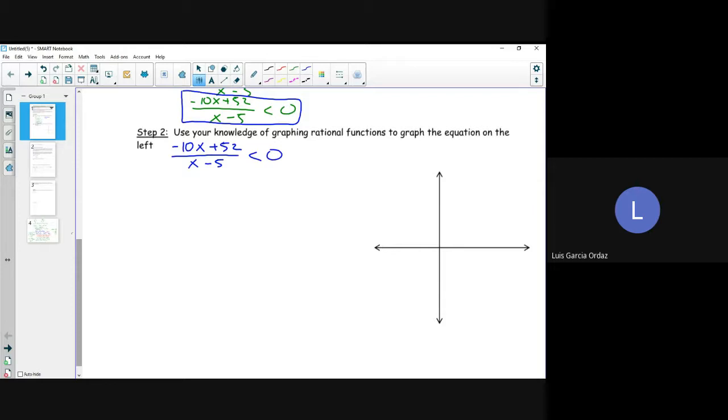We can identify our vertical asymptote, which is usually given by our denominator. So what is the vertical asymptote in this case? We have x is equal to 5. That's going to be one of our asymptotes.